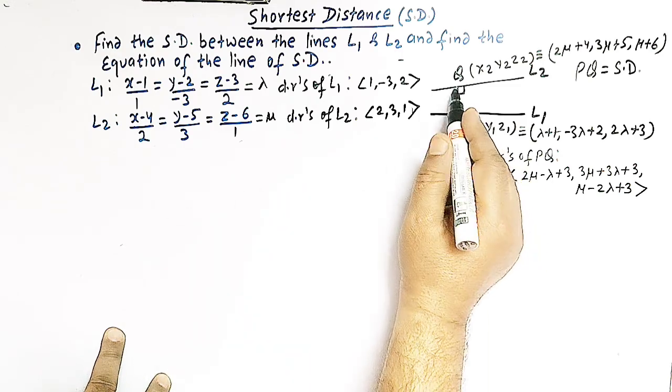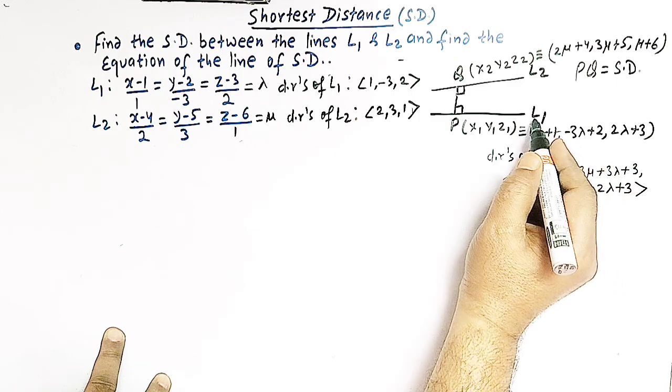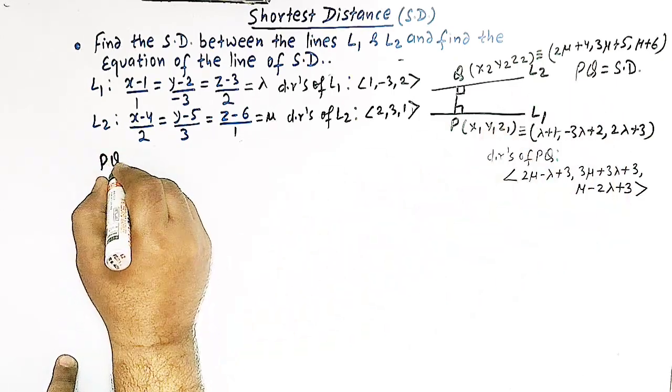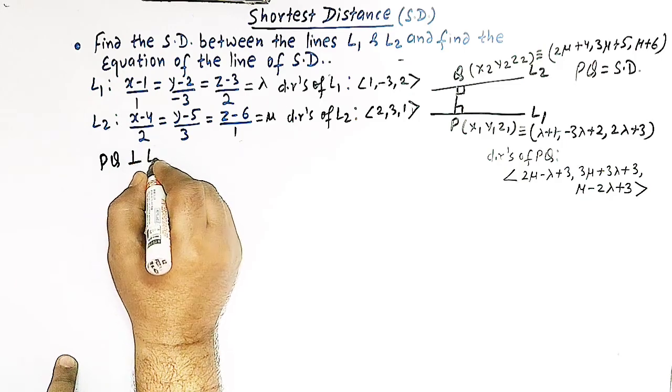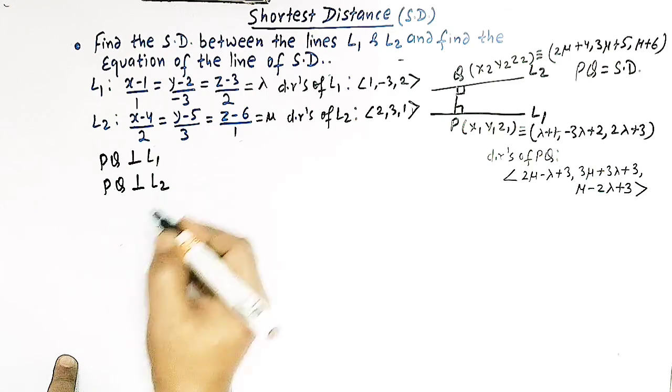So now here the line of shortest distance, that is PQ, is perpendicular to both L1 and L2. So PQ is perpendicular to L1, and PQ is also perpendicular to L2.